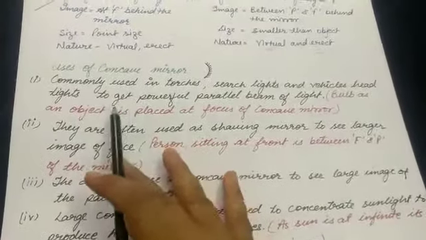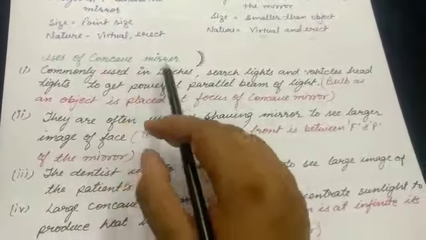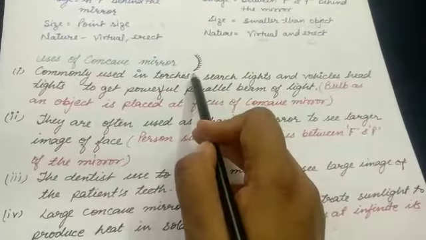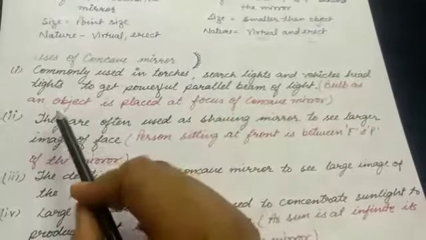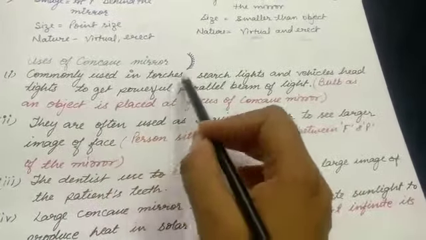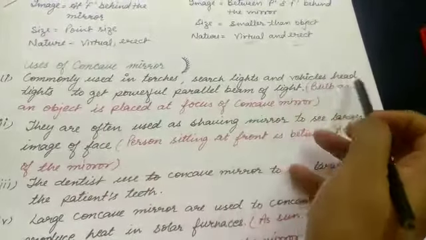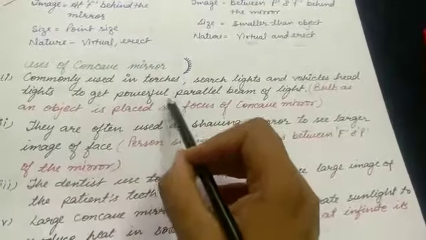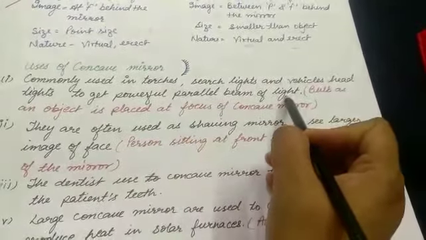Now, uses of concave mirror. Concave mirrors are commonly used in torches, searchlights and vehicle headlights to get a powerful parallel beam of light.